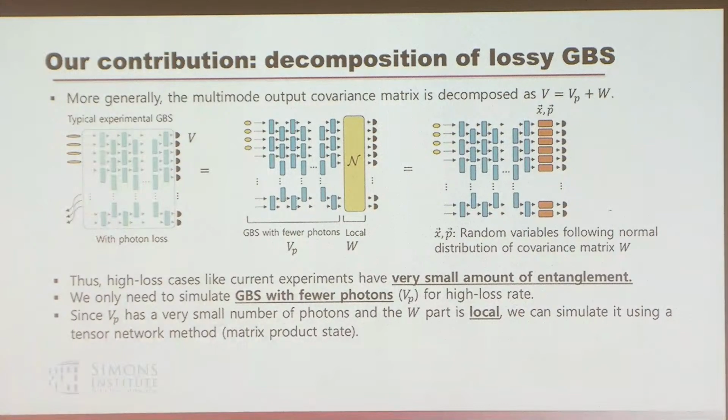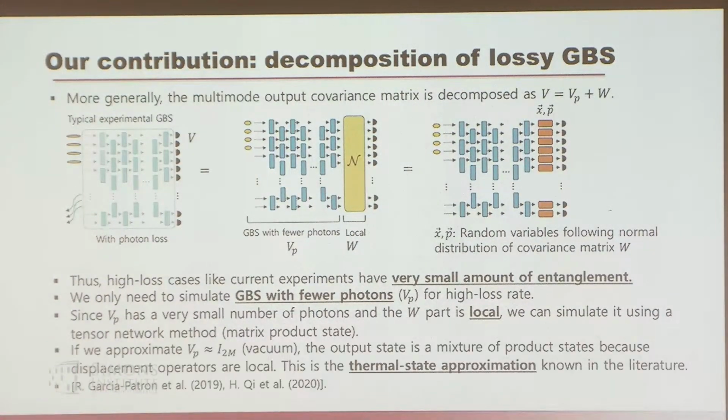All right. If there's no question, then I can now talk about the thermal state approximation again. As I promised, in the literature there is the so-called thermal state approximation for lossy Gaussian boson sampling circuits. They didn't use our picture because this decomposition is new, but we can interpret what they did using our picture.